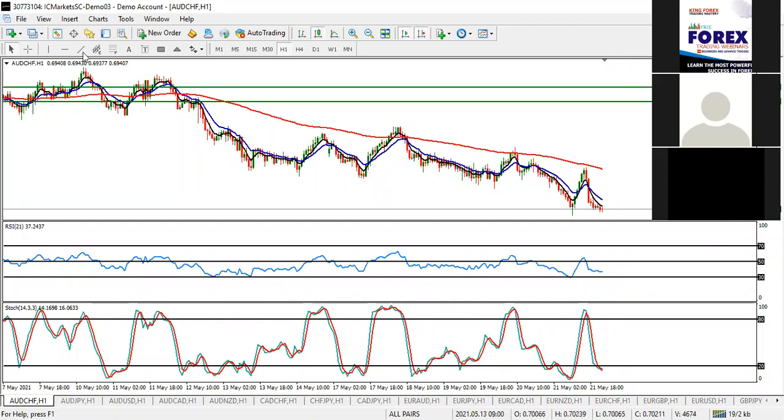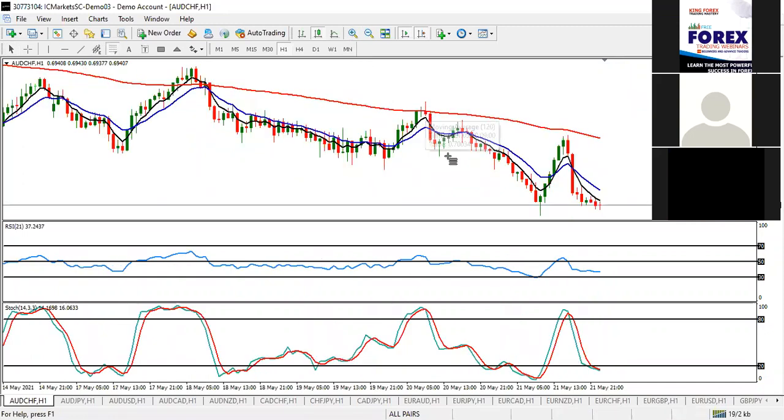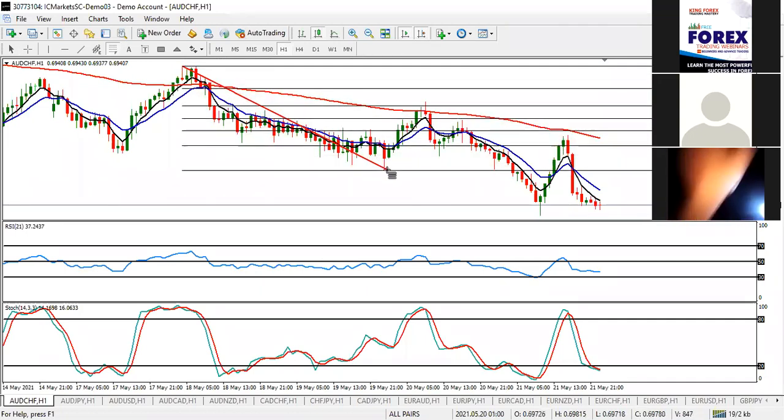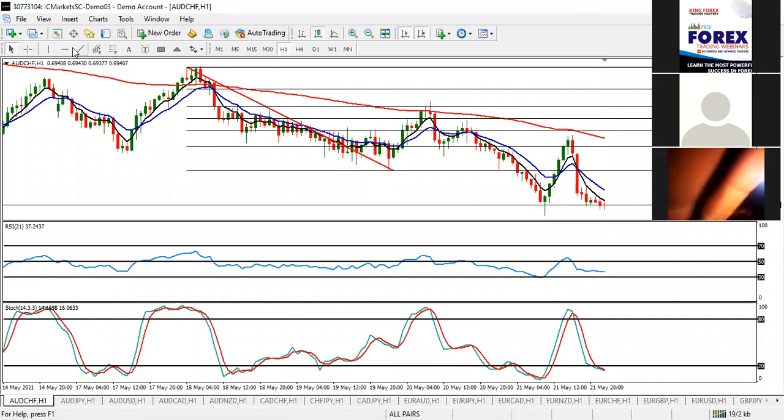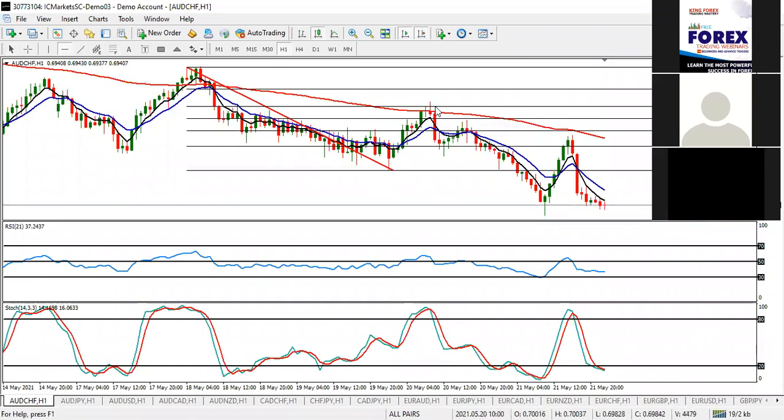Now, for me to take this trade right here, the confidence I have in this trade is that after I've drawn my Fibonacci from the upside down to this place, you can see it has retraced back to the 61.8% Fib level. You can see right here, guys.